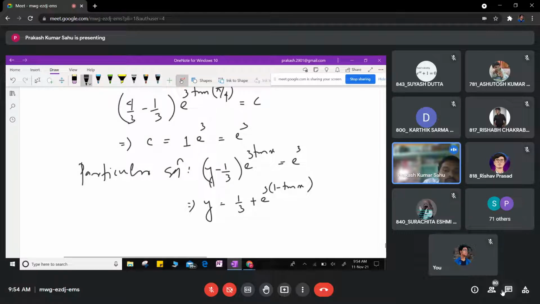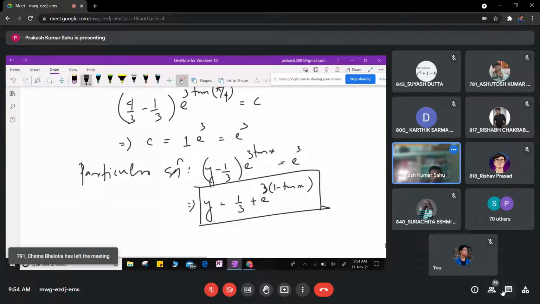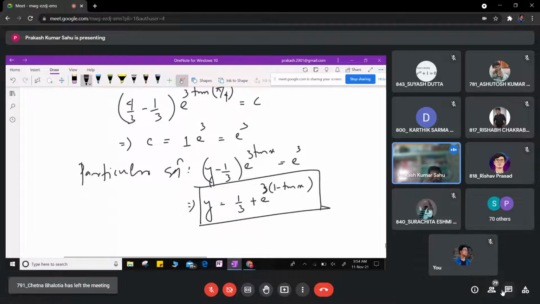If you simplify again, this is 3 into 1 minus tan x. Is it correct? Yes, sir.